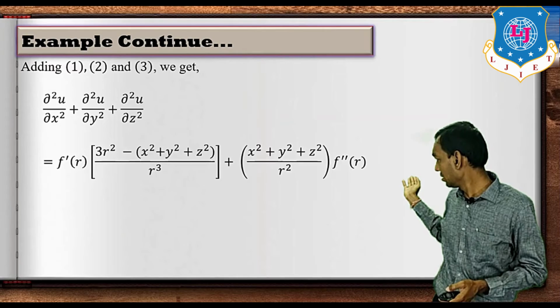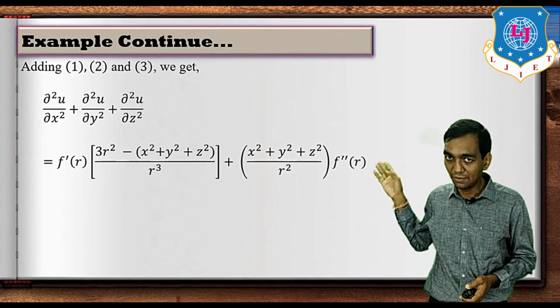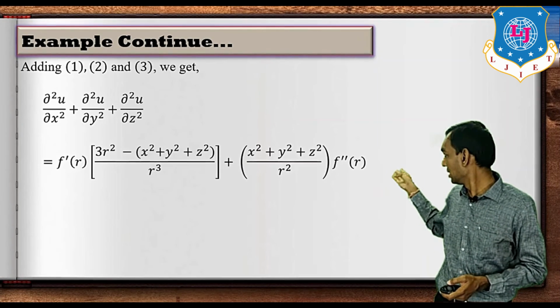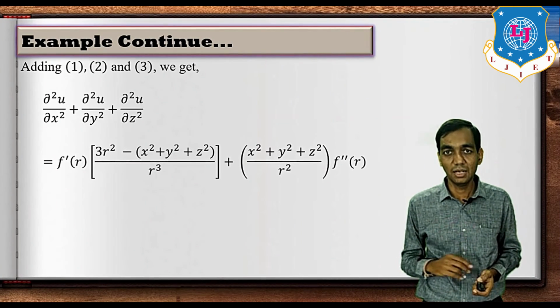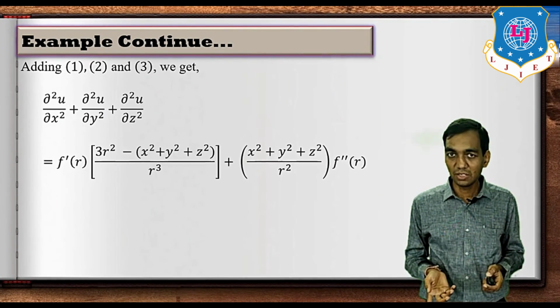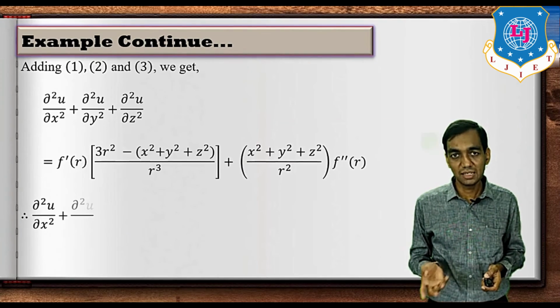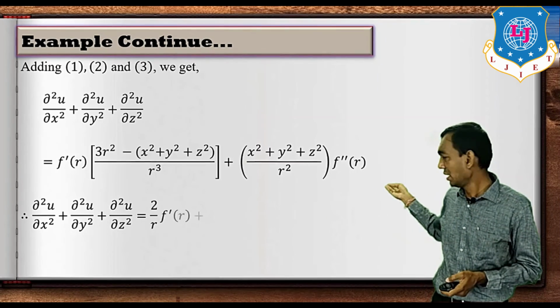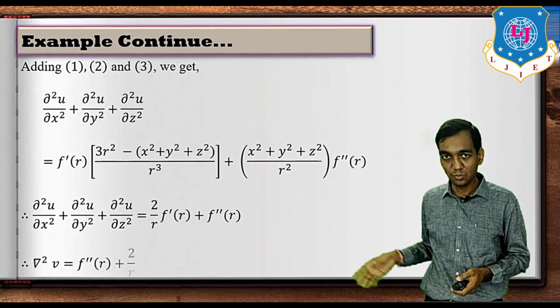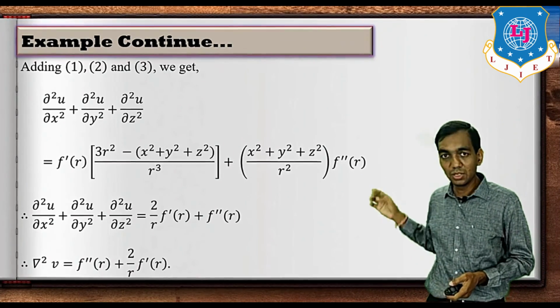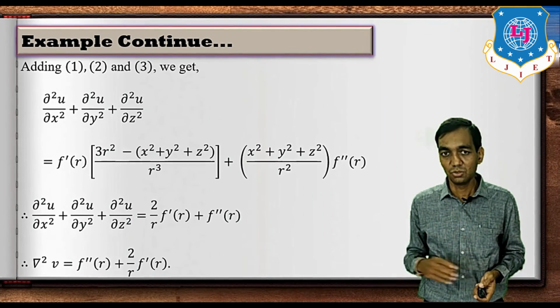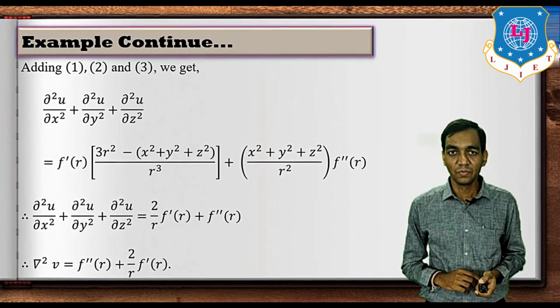And from the second three terms, we have f double dash r common out. So that will give you f double dash r into x square plus y square plus z square upon r square. But x square plus y square plus z square is nothing but r square. So by putting r square and simplifying, that will give you 2 upon r into f dash r plus f double dash of r. So this proves our result.